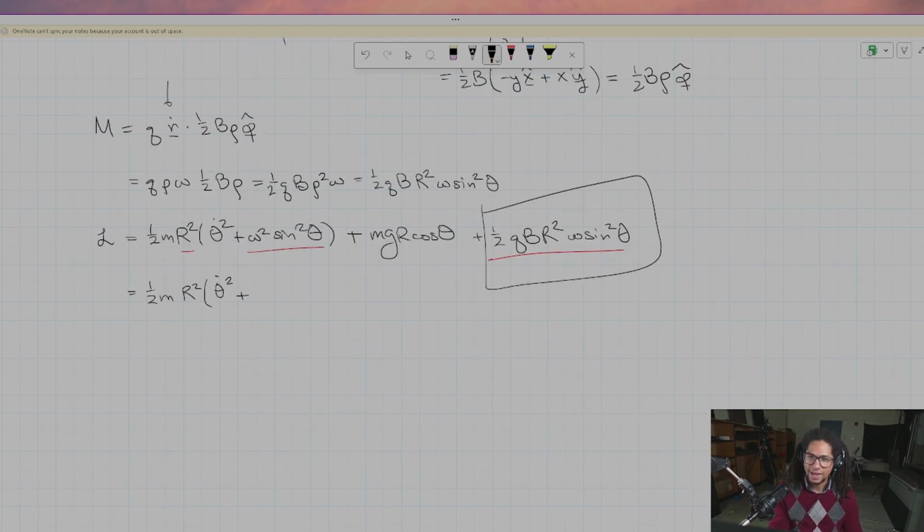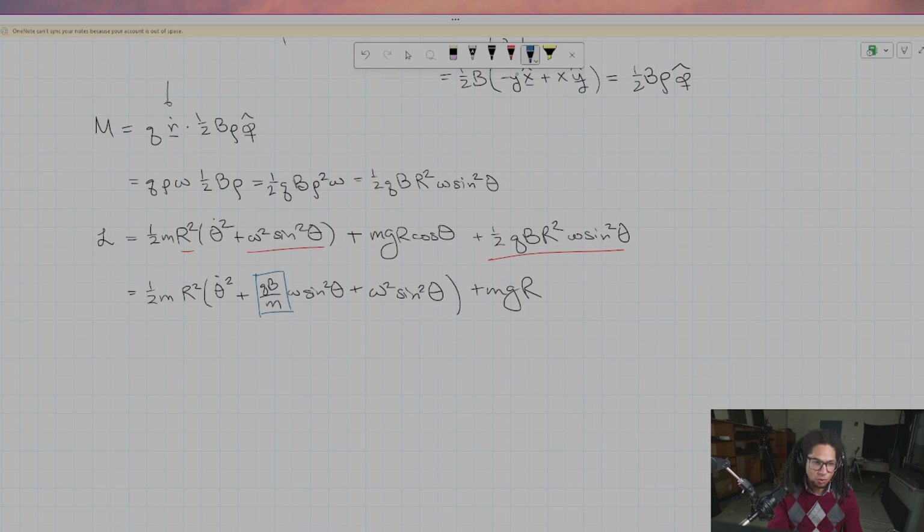Now, if I pulled this last term into the parentheses here, that would mean that I had taken out a 1/2 m r squared. I got the 1/2 and the r squared there, but I would need to pull out an m. So I get qB over m times omega times sine squared theta, and then I'll add my term that I had before, omega squared sine squared theta plus mgr. Okay, but this quantity is really interesting. This one we have met before early on when we dealt with cyclotron motion.